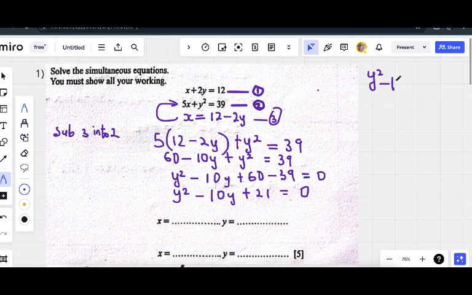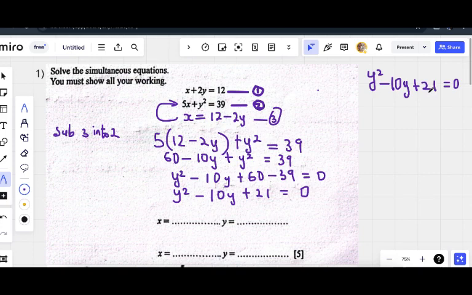When you want to check if a quadratic can be solved with the factorization method, what you need to do is to see, first of all, if there is any coefficient behind y squared. No, the only coefficient here is 1, so we are good. If there's a coefficient here, you use the coefficient to multiply this constant. Since it's just 1 times 21, it is still 21.